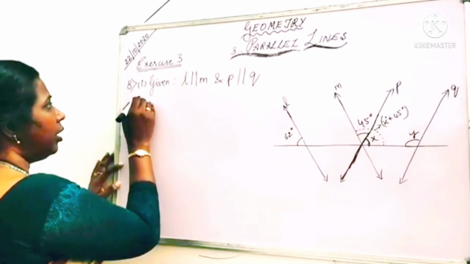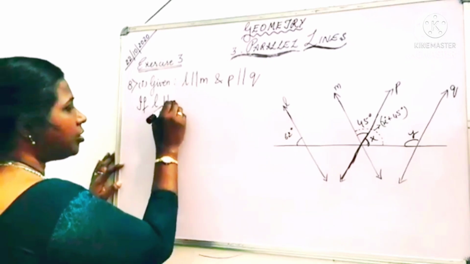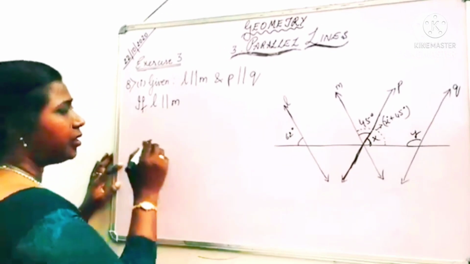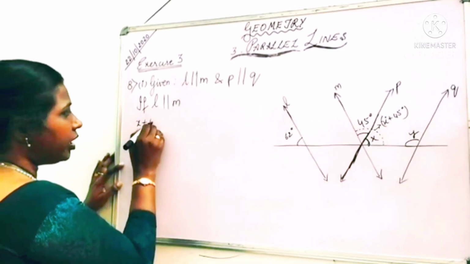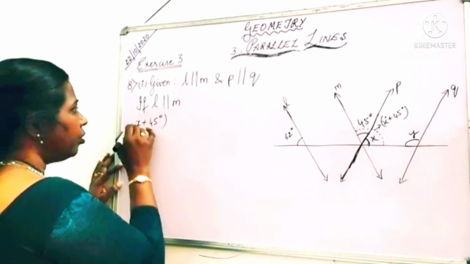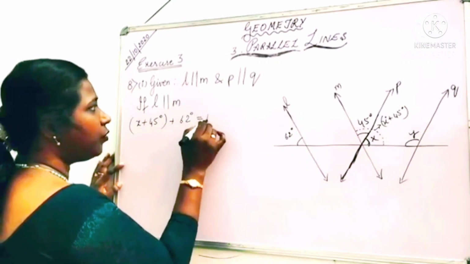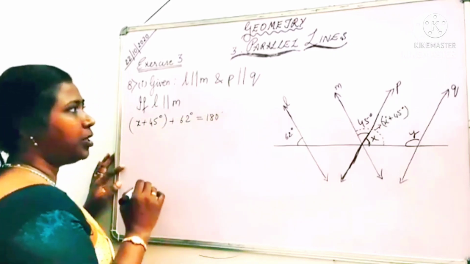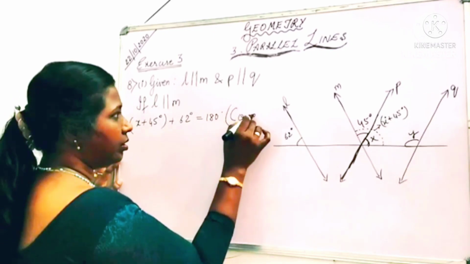So first we will start with, if L parallel to M, by the transversal, the angles formed, what we are getting? X plus 45 degree plus 62 degree is equal to 180 degree. Okay, the angles formed are co-interior angles. No, sorry, co-exterior angles.